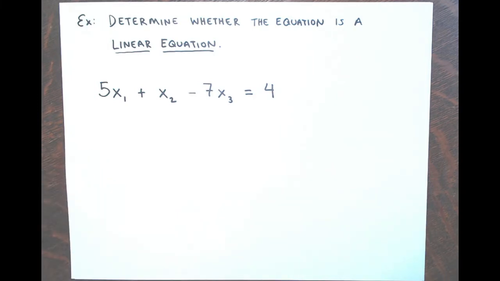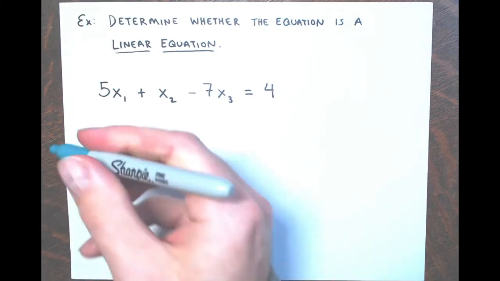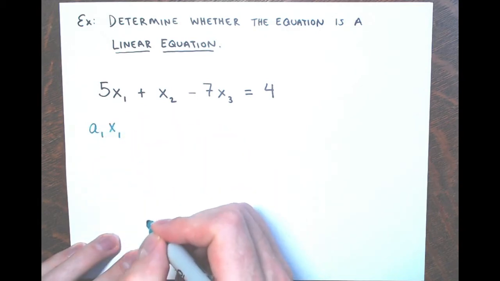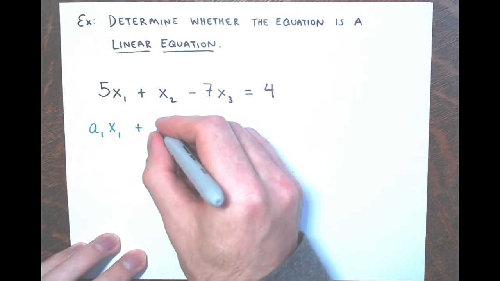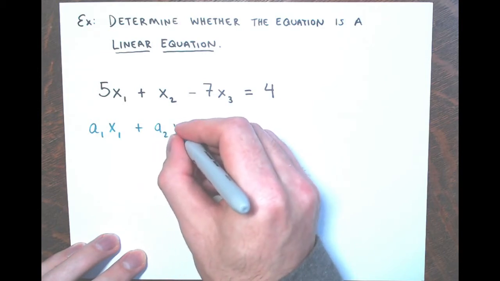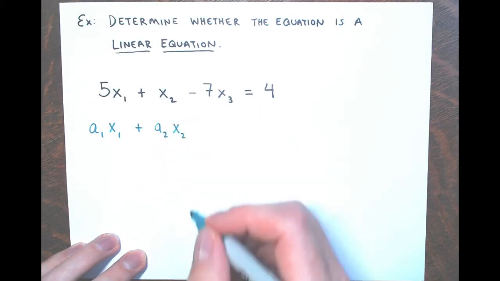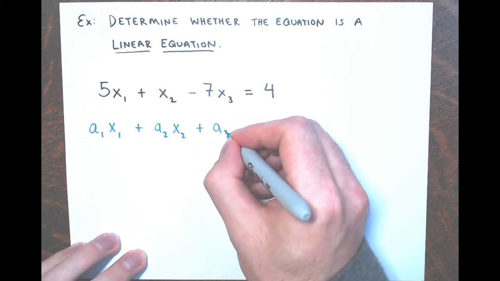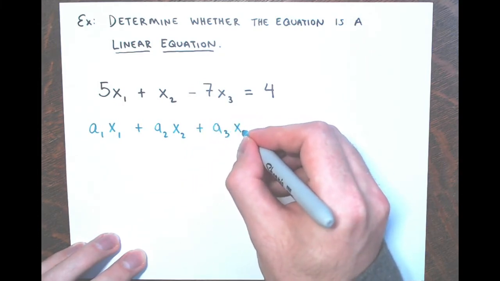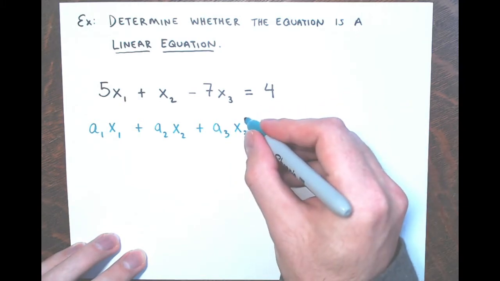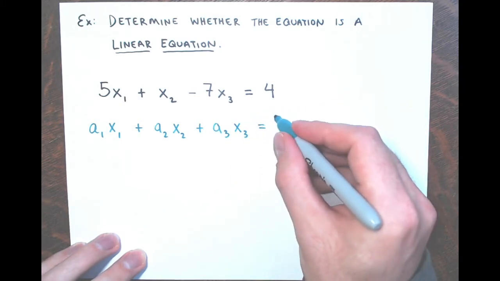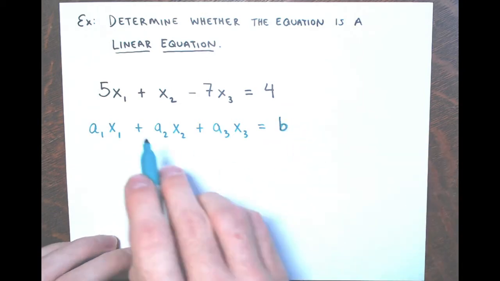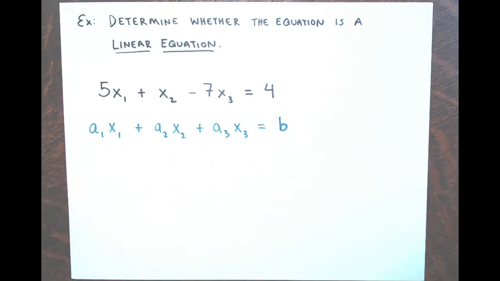This looks exactly like what I had on the previous page: some number, say a1, times a variable to the first power, plus some number, say a2, times another variable to the first power, plus another number, say a3, times a variable x3 to the first power, equals some constant term, some term without a variable. It looks exactly like this.